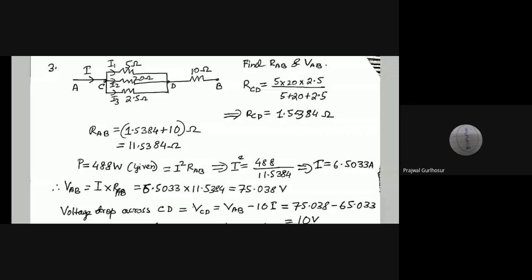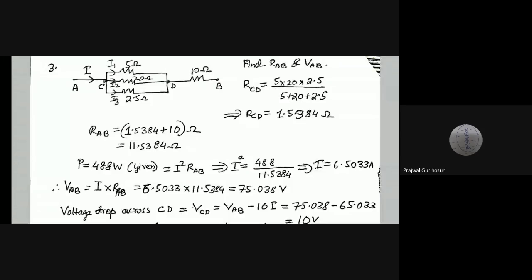So here you see, VAB is the total voltage from point A to B, and this is what they have asked for in the problem. They asked for the value of I1, I2, I3 and VAB. First we will find VAB, because we already have the total current I and the total resistance RAB.